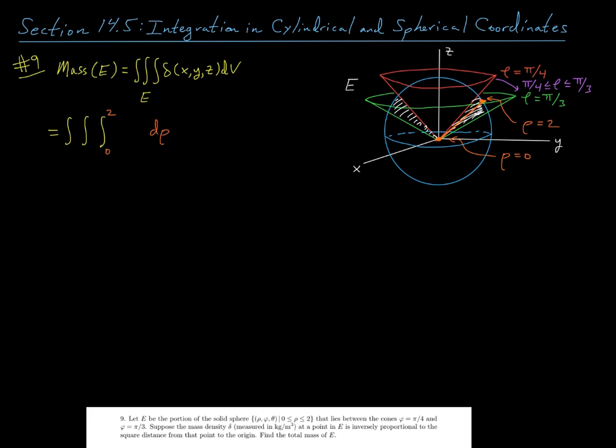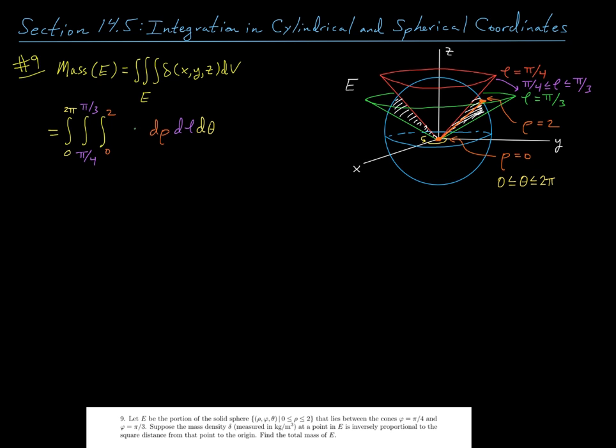So our bounds there for phi are just from pi over 4 to pi over 3. All right. And then lastly, for theta, to capture the entire region E, we're going to have to do a full 360-degree rotation about the z-axis. So theta is going to range from 0 to 2 pi.